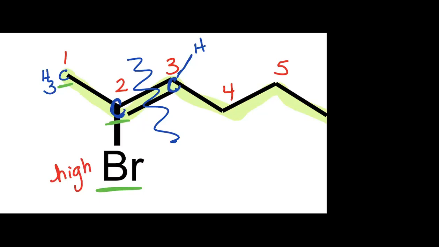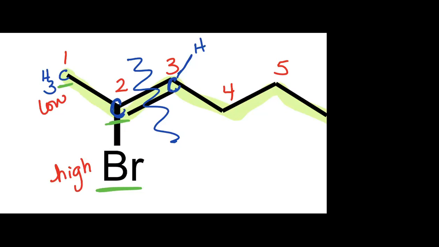What does carbon in that area get? The label low, because it has a lower atomic number compared to bromine, okay? Put a 1 in the chat if the high and low labels make sense for the substituents that we have next to carbon 2.